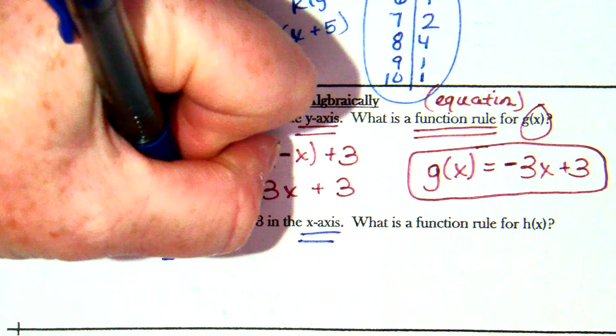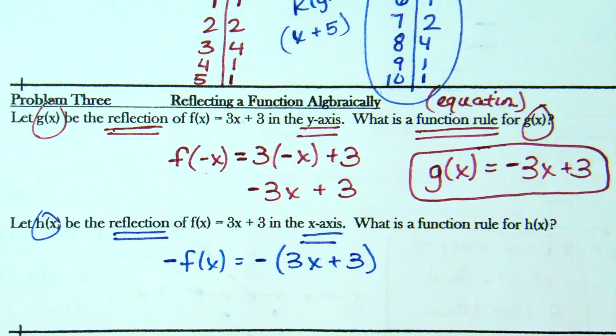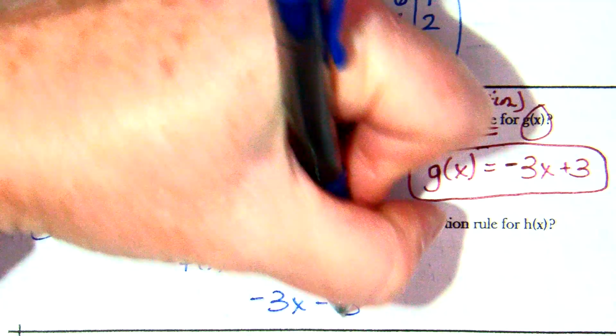So I think of this as, I'm going to take negative, and I'm going to multiply it by that whole equation. So it's like I'm going to take a negative and distribute it into each part. If I take a negative and distribute that, negative times 3x becomes negative 3x. Negative times the plus 3 becomes minus 3.